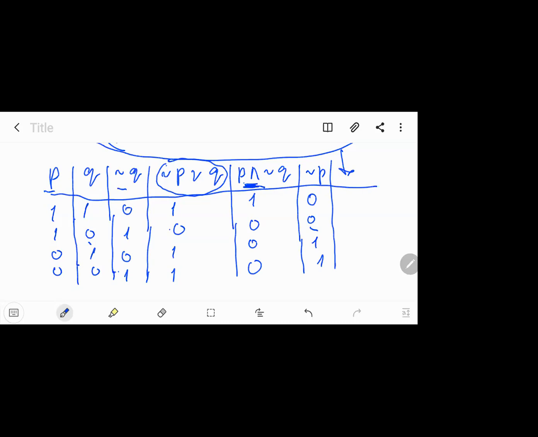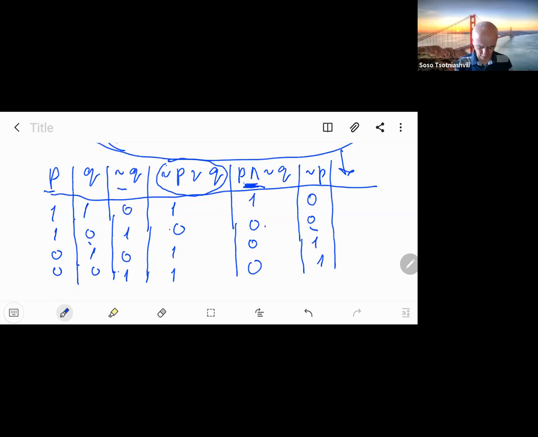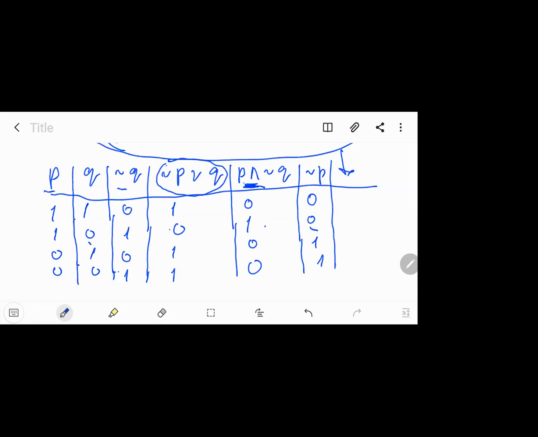Only the second one is true. Others are false. Yes, the second one is true. Okay, thank you. Is it correct now? Yes. Thank you. Now, agree or disagree? I agree. I agree as well.